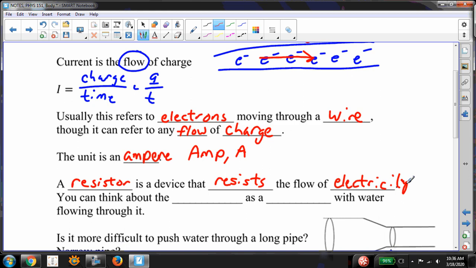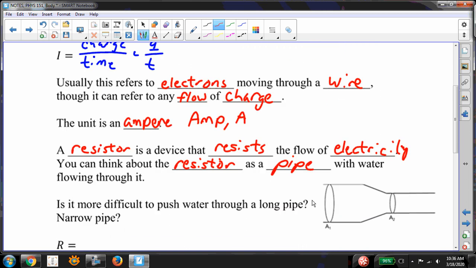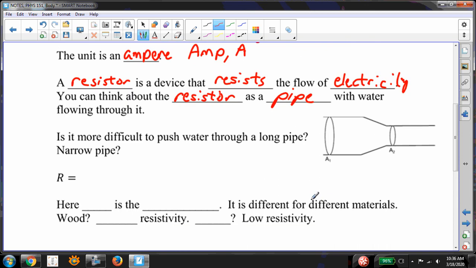You can think about the resistor as a pipe with water flowing through it. A resistor is not a pipe, but we can think about it in that way. And with a pipe, if I make the pipe longer, then what happens to the ability for you to push water through it?